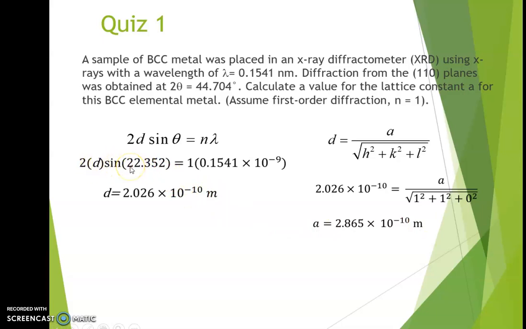We put in 2 theta divided by 40.704, divide by 2, and we get theta. Lambda is already given.